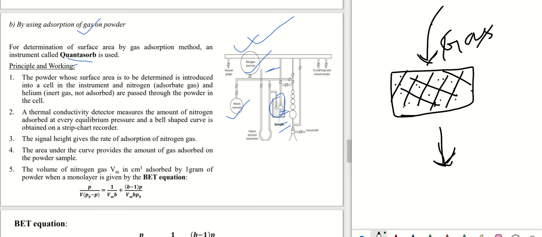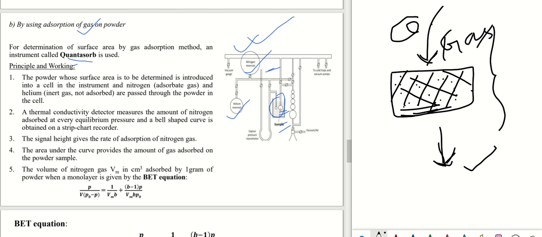By checking the amount of gas that has been sent and the amount of gas that has exited, from the difference in these two quantities we can know how much gas is adsorbed onto these particles. The greater the surface area, the greater the adsorption. The same principle is used here.